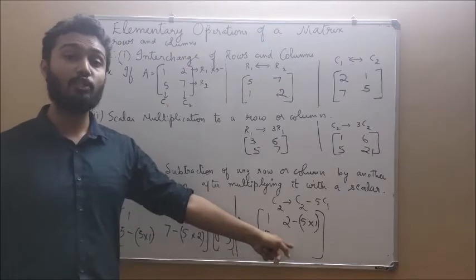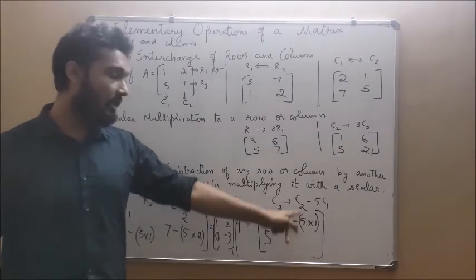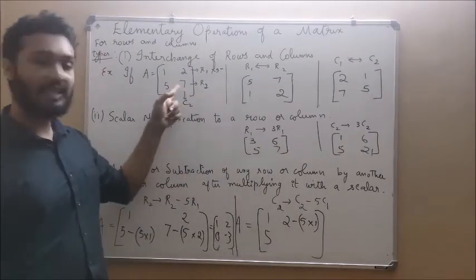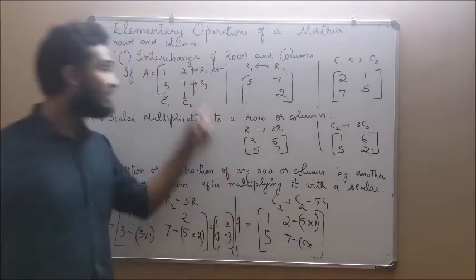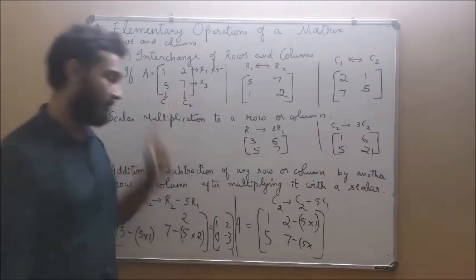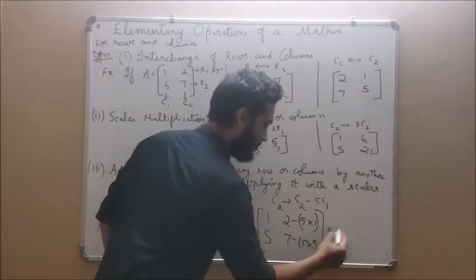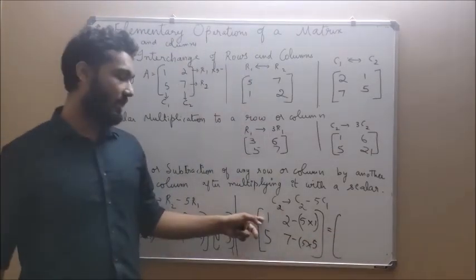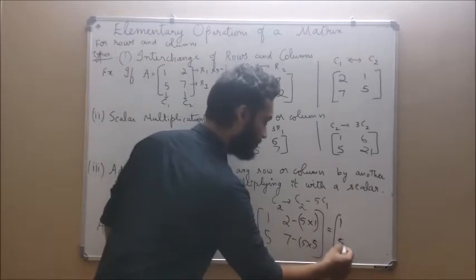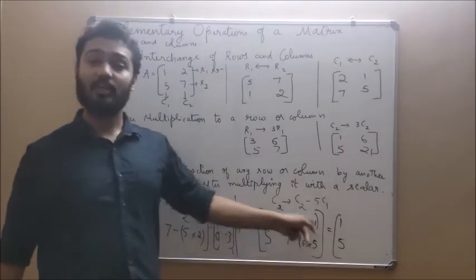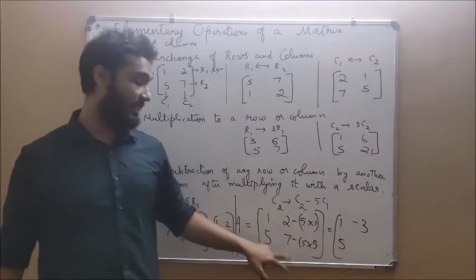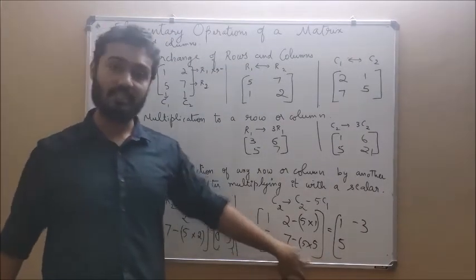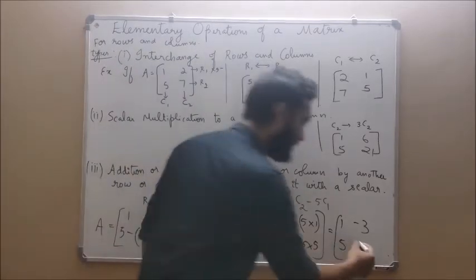Next, C2 is this 7 minus 5 into, what is the corresponding element of C1 here? 5. So this is 1, 5 remains as it is. 2 minus 5 is minus 3. 7 minus 25 is minus 18.